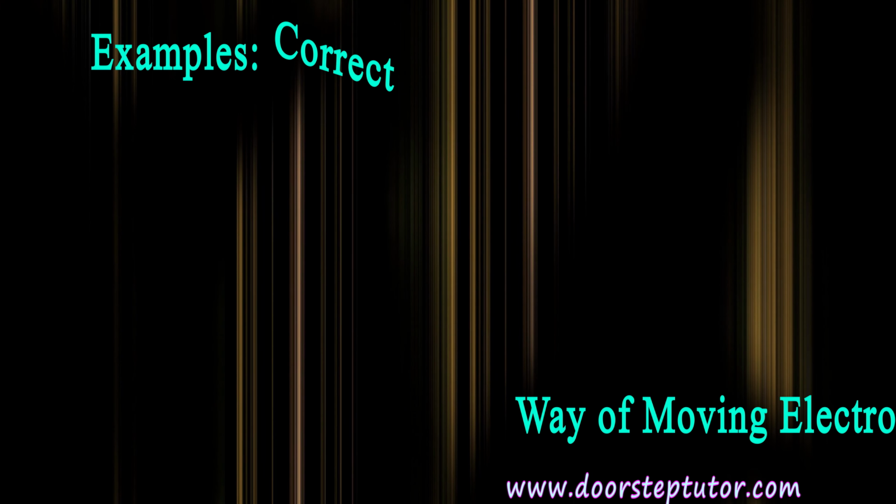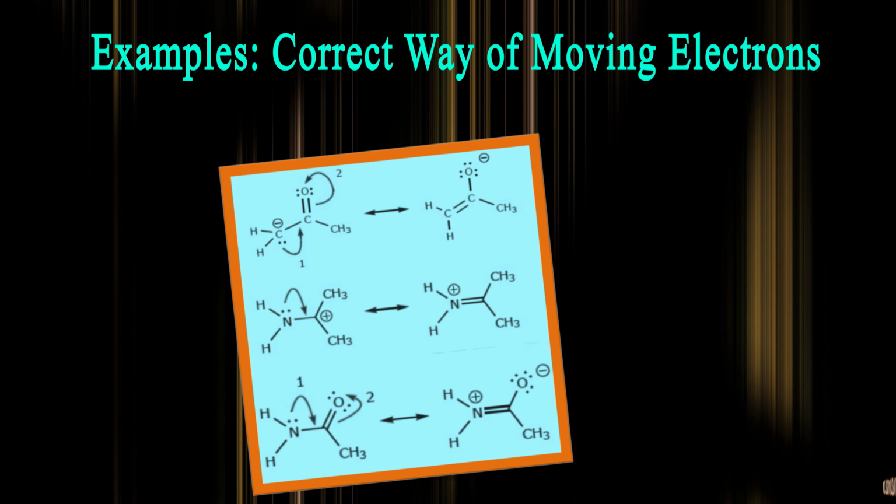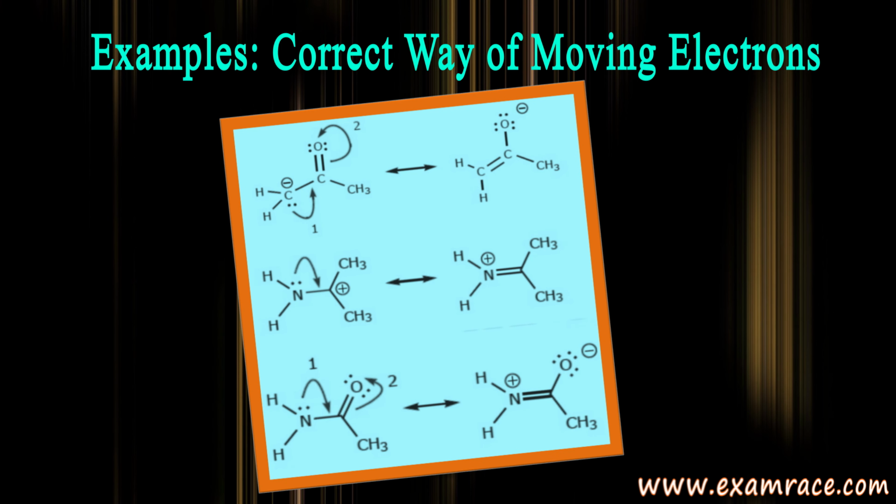Now the next topic is the correct way of moving electrons. Here I have given you some examples, and in these examples you can find out the correct way of moving electrons in a resonating structure. You can also learn how to make resonating structures of a molecule.